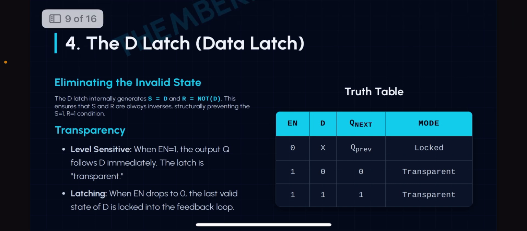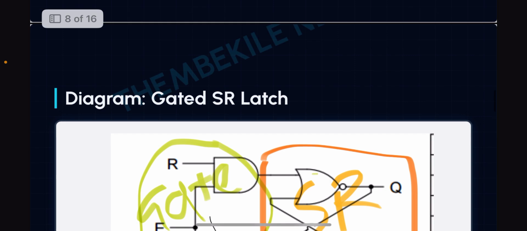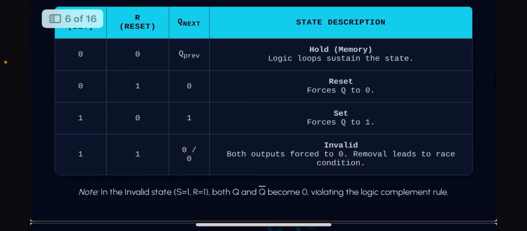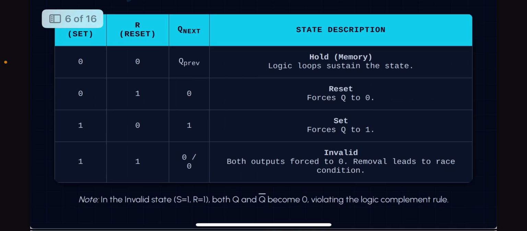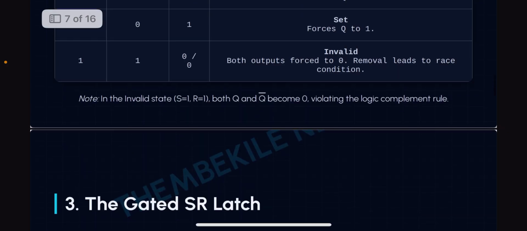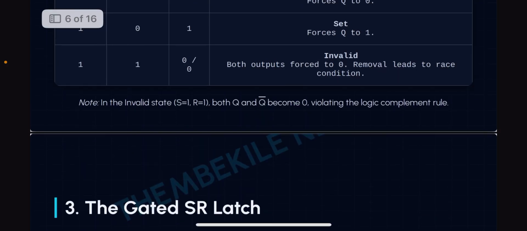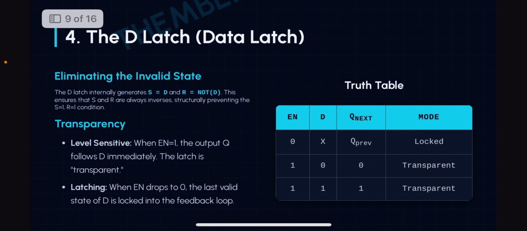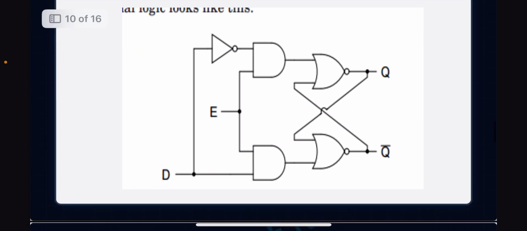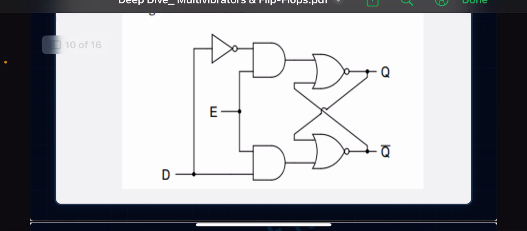The purpose of the D latch is to solve that issue of the invalid state where you have S and R being the same, like both of them being 1. We don't want that because that gives us an invalid state. So we have the D latch, the data latch. The data latch is just you adding an inverter to the inputs.